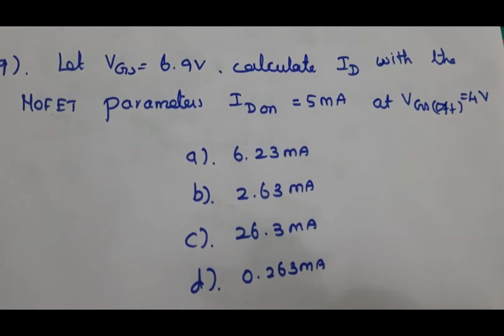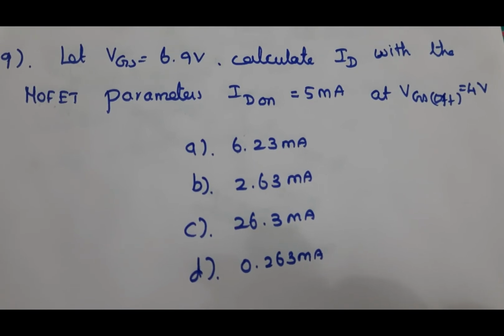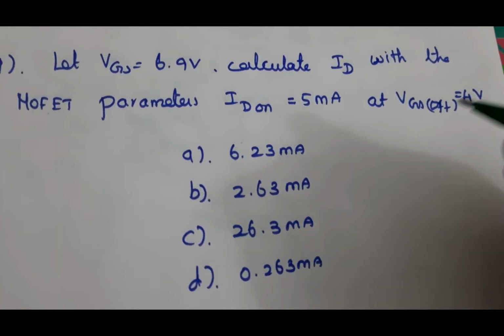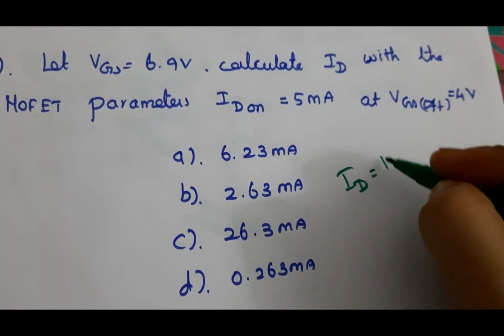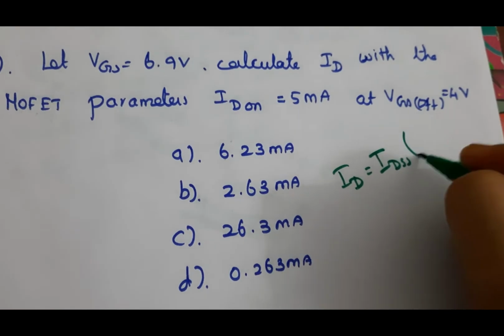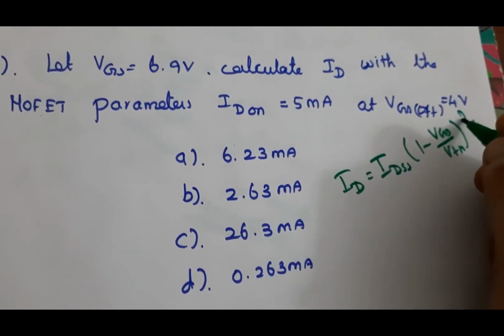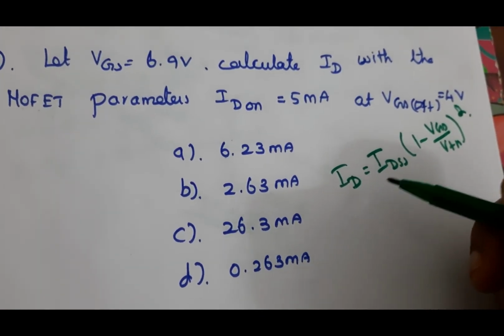And next question, let VGS is equal to 6.9 volt. Calculate ID with the MOSFET parameters. ID on is equal to 5 milliamps at VGS off is equal to 4 volt. And here ID is equal to IDSS into (1 minus VGS divided by VTH) the whole square. Using this formula we can find ID here.